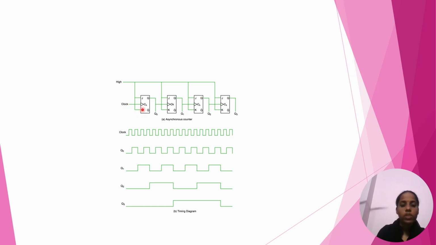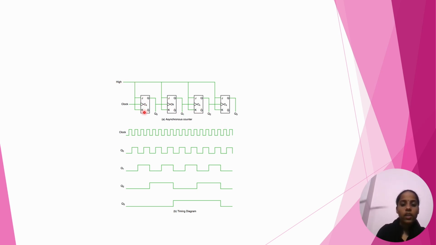Here we use positive edge triggering, meaning no bubble is there. Where a bubble is there, that is called negative edge. In this circuit, positive edge is used. It is connected to one power supply, that is a high signal.